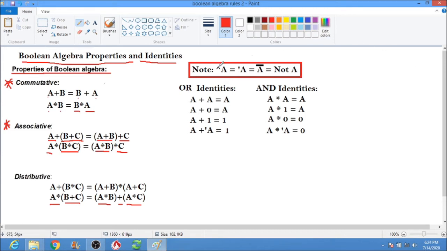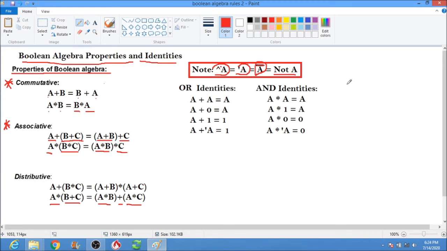Take note that this symbol, asterisk A or exponent A, also means not A. For the sake of our discussion, this symbol is also equal to this symbol, which means not A or A not.